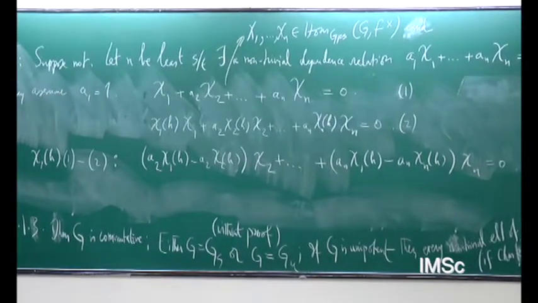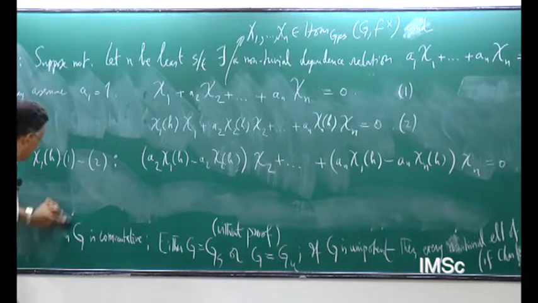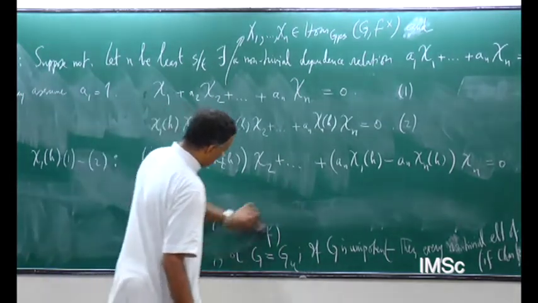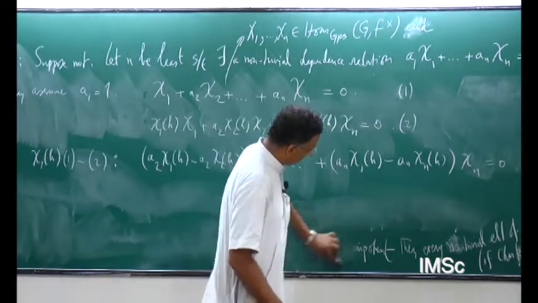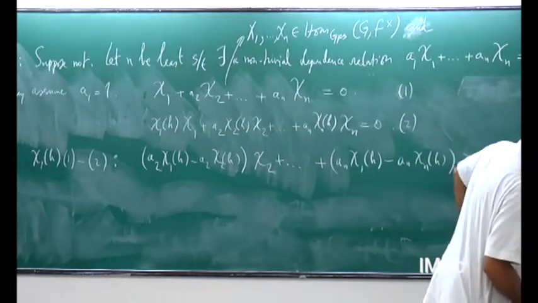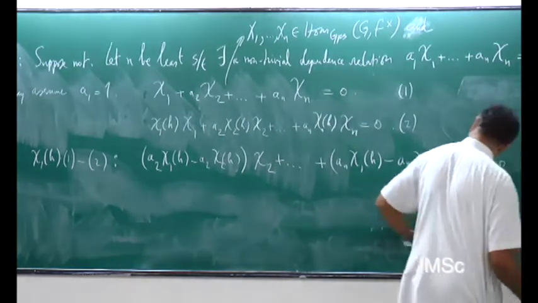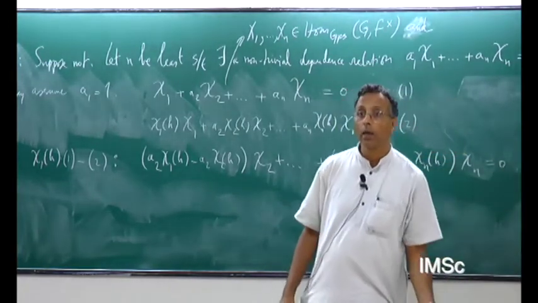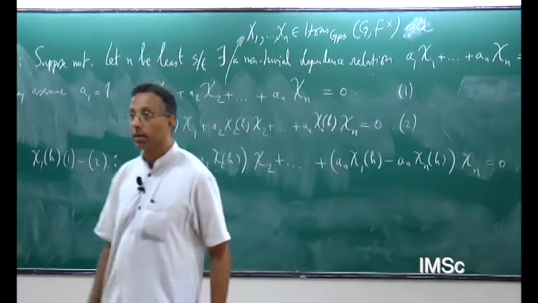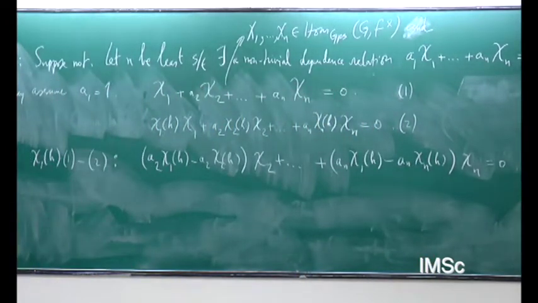Now that's a linear dependence relation among fewer than n elements. So it must be that it is trivial.